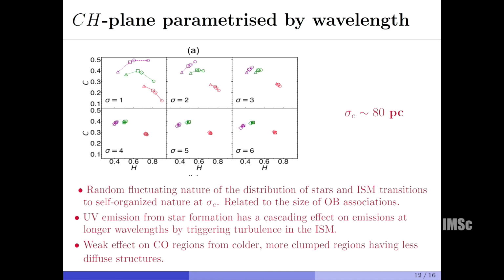Just by visual eye, I want to quote this number, a quantification is being done, but I can identify some rough scale, maybe 80 parsec, at which all the images at different wavelengths have similar properties, and below that they differ.